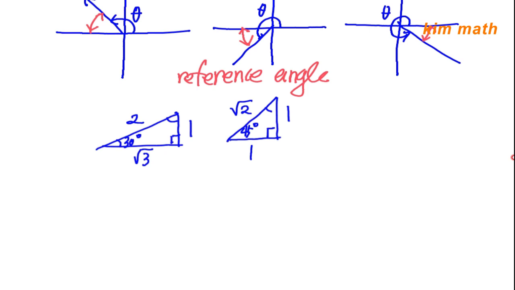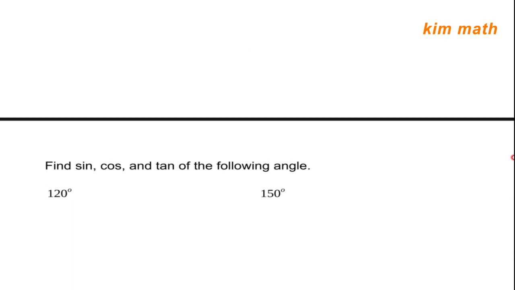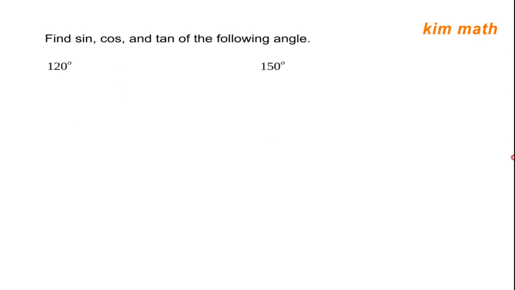Okay, the 30, 60, 90 special triangle, and this one, the 45, 45, 90 special triangle. Okay, now we will try to find some values without a calculator. Find sine, cosine, and tangent of the following angles.